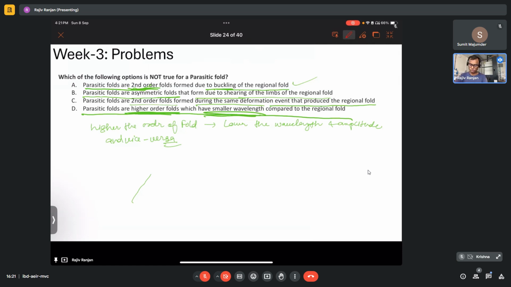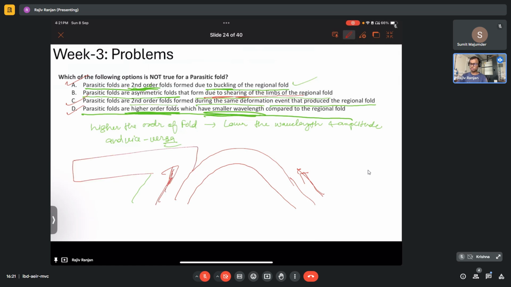So here option D is correct, option C is correct, and option A is correct. But it's not due to the shearing of the limb. The first order fold formed, and then because of shearing, no, it's not because of shearing. It's shearing of this layer. It is possible that shearing of this layer would lead to it forming, but not the limbs. So that is why option B is incorrect.